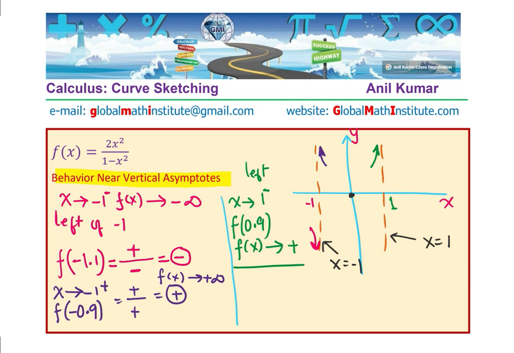Once more, x approaches 1 from the right-hand side. The value to be substituted is 1.1, and f of 1.1 is negative. Do you see that? So that means when x approaches positive 1 from the right, f of x approaches negative infinity.